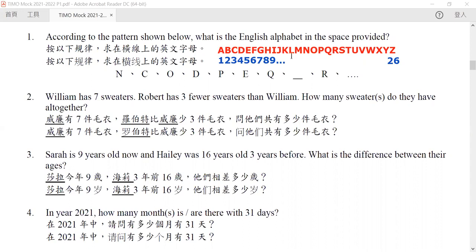So for example, in here for the first letter N, what is the position of this letter N? So you can count it, because in here we know that I is 9, and then J is 10, and then K is 11, L is 12, M is 13, and then N is 14.